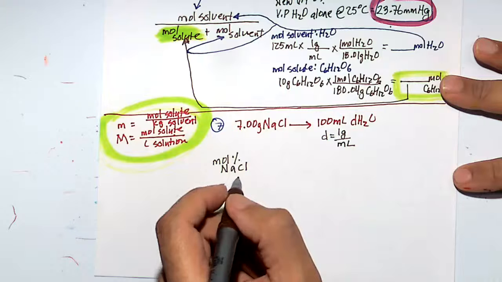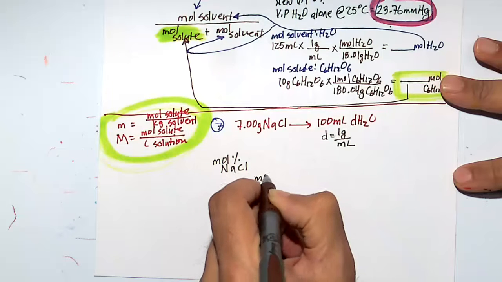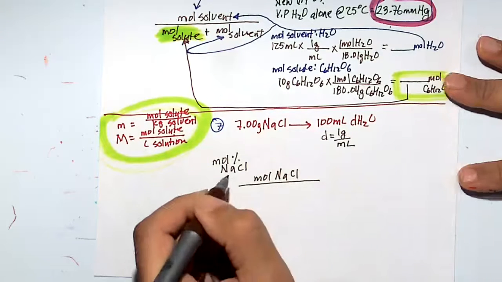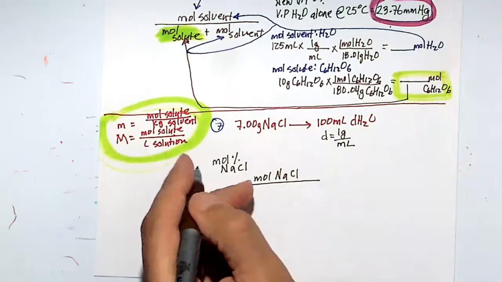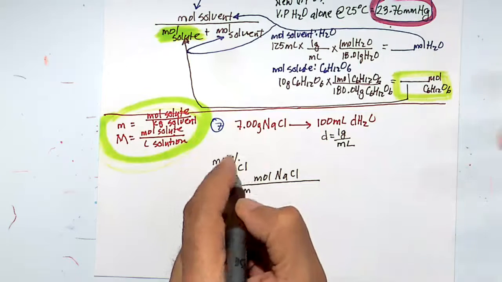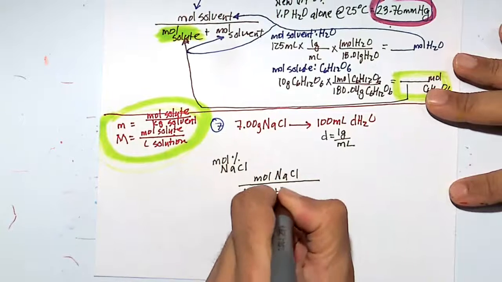So how will you solve this problem? The mole percent of NaCl is the moles of NaCl divided by, it's a percent, which means it's a fraction, part over whole: moles of NaCl plus moles of what else?